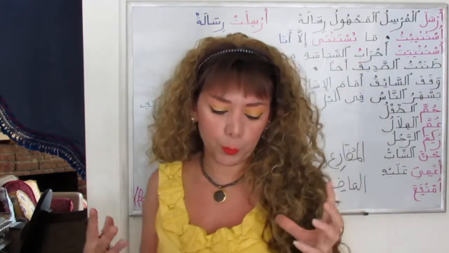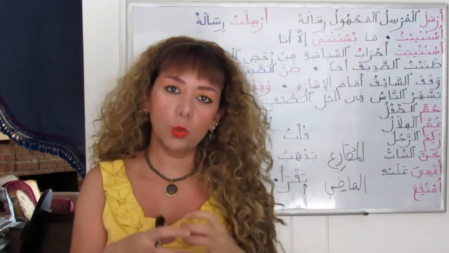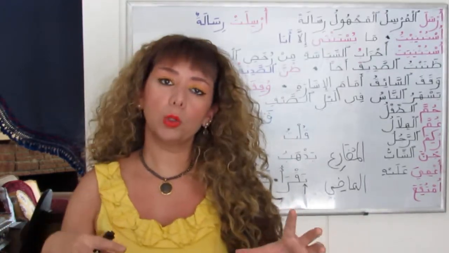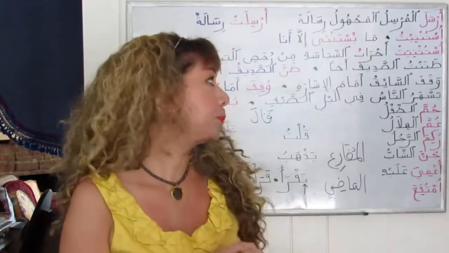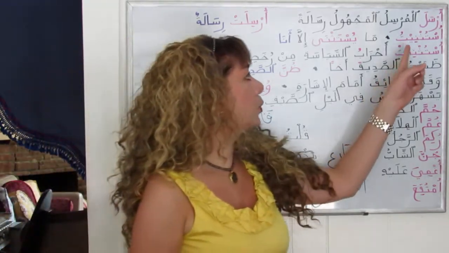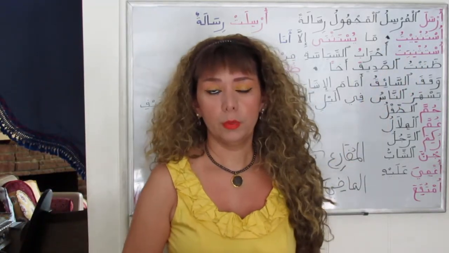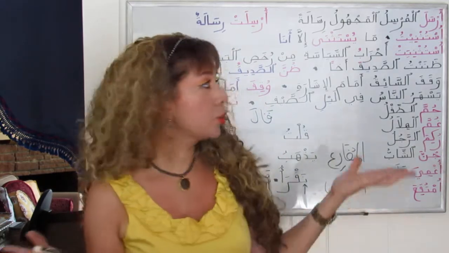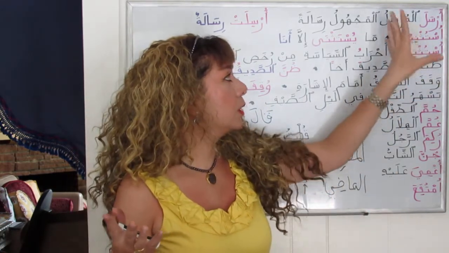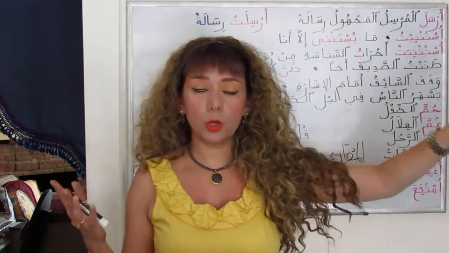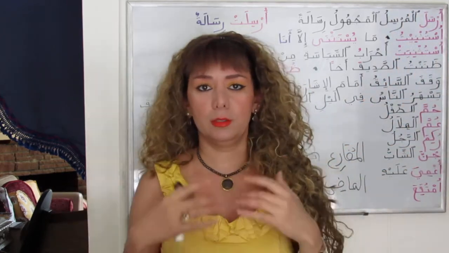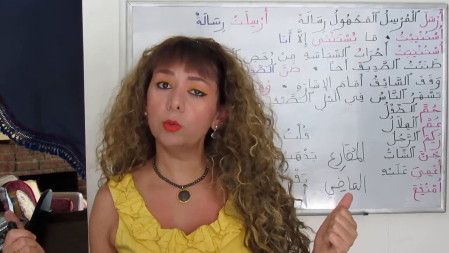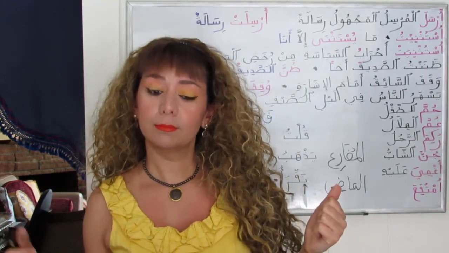It means to exclude someone or something from, or to accept. أستثنيت. Here the subject is implicit. So from the conjugation we would know that I am talking about the first person. Me. I was excluded. For me.